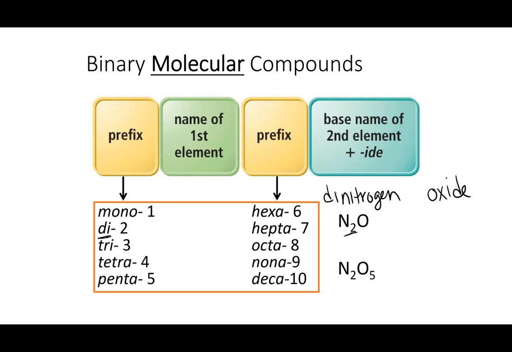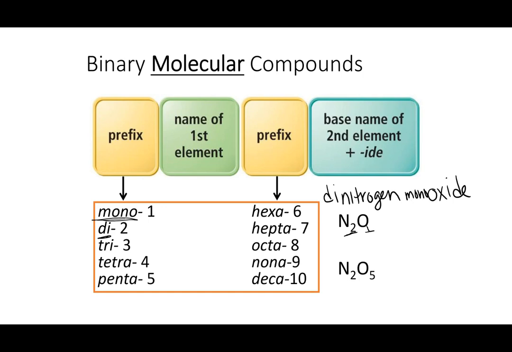So dinitrogen. And I have 1 oxygen. Remember that 1 is implied. I have 1 oxygen. So that's the prefix mono. So one little wrinkle here, one little exception, I guess, if you will.